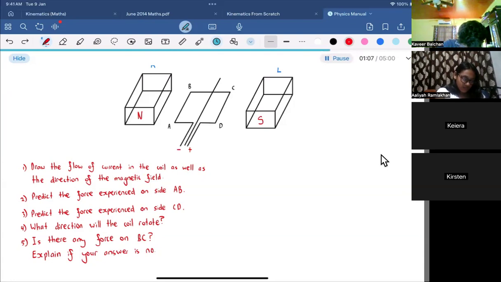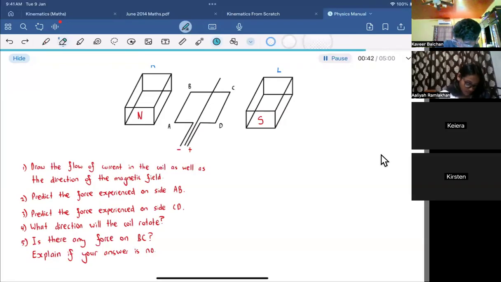Okay, let me make it simple for you. If the current and the magnetic field are parallel, no force. For it to produce a thrust, the current and the magnetic field have to be perpendicular to each other. So for a thrust to be produced, the current and the magnetic field need to be perpendicular.